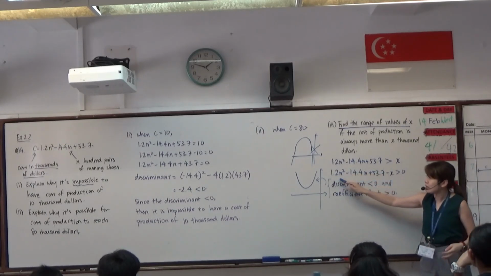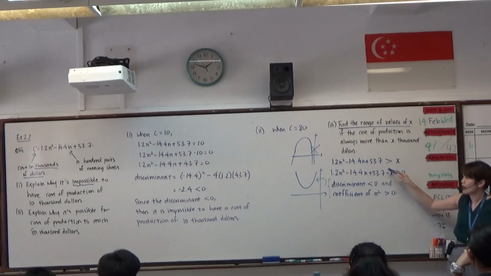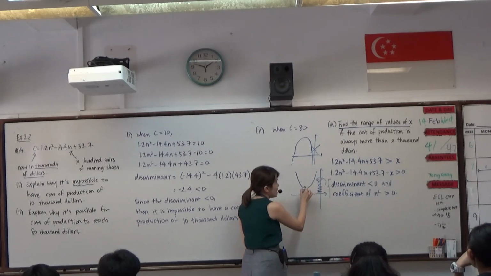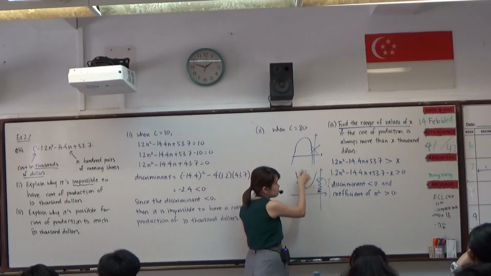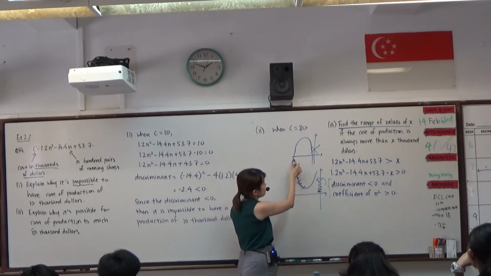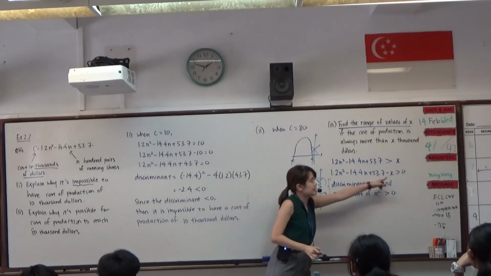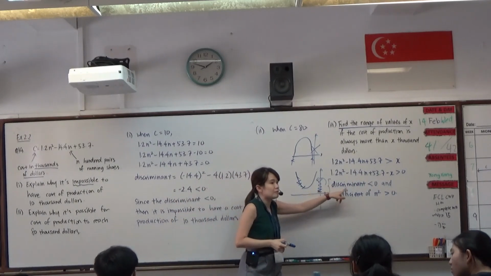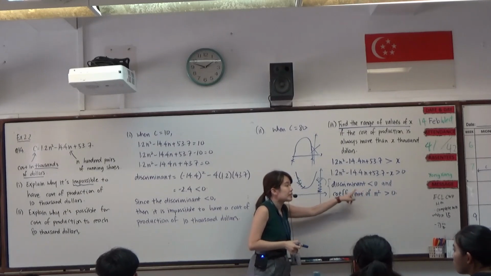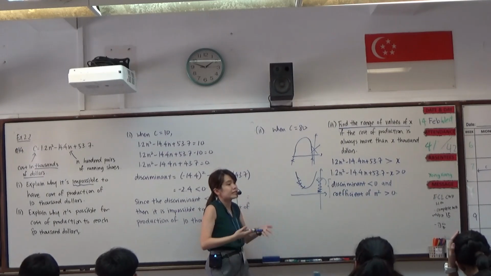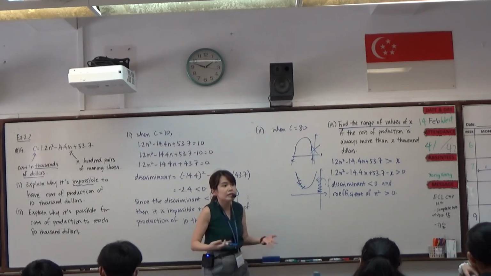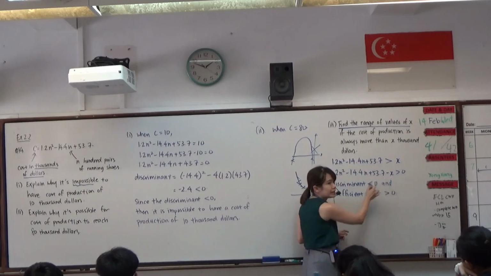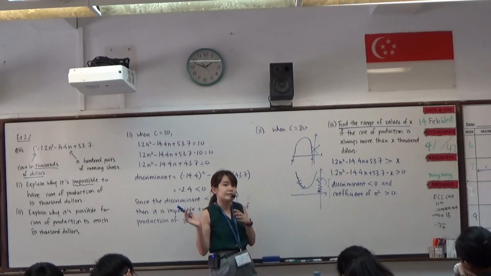All your y values come out to become the y value, being always positive. Any point must be above. Yeah, you cannot have one point that's below. Then it doesn't satisfy the inequality of more than 0. Okay? So that's why discriminant must be less than 0. Because your curve does not intersect the x-axis. Does not intersect means discriminant less than 0. So you cannot draw the link between this and this, think that they are the same. They are different meaning. Yes.